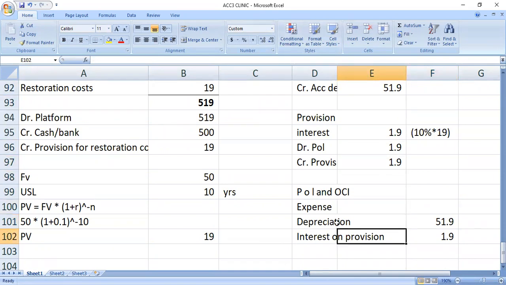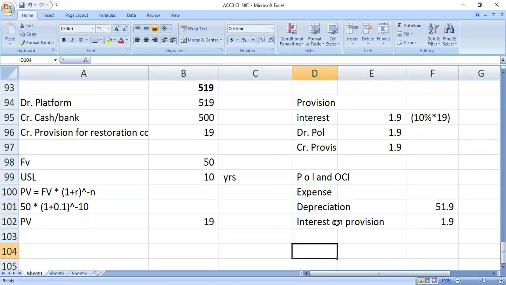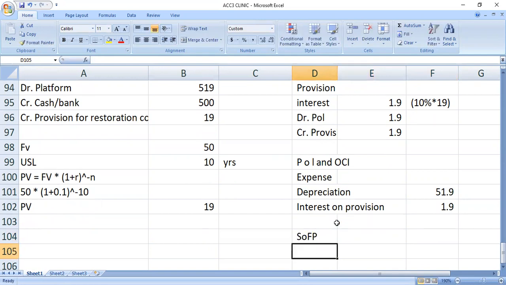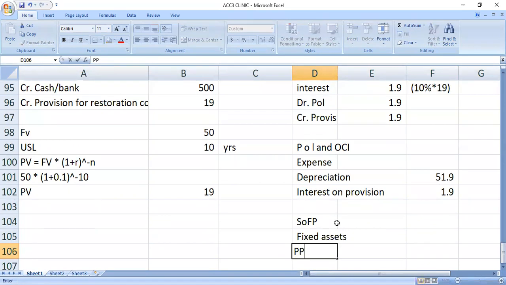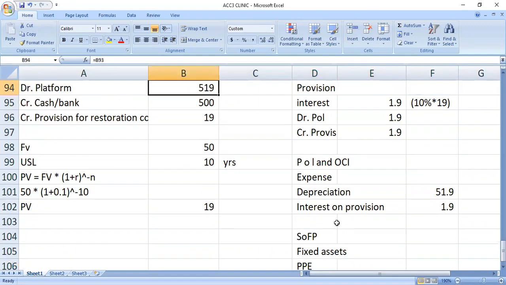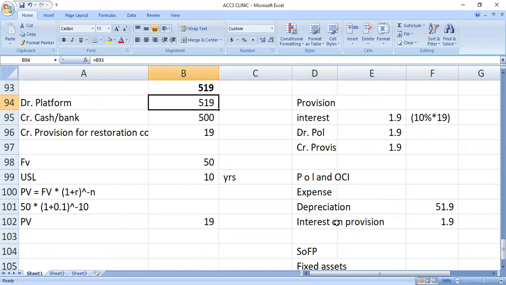Then we go to the statement of financial position. Of course, there we expect there are usually assets first. Now we have the fixed assets, specifically PPE. We had initially a cost of 519.